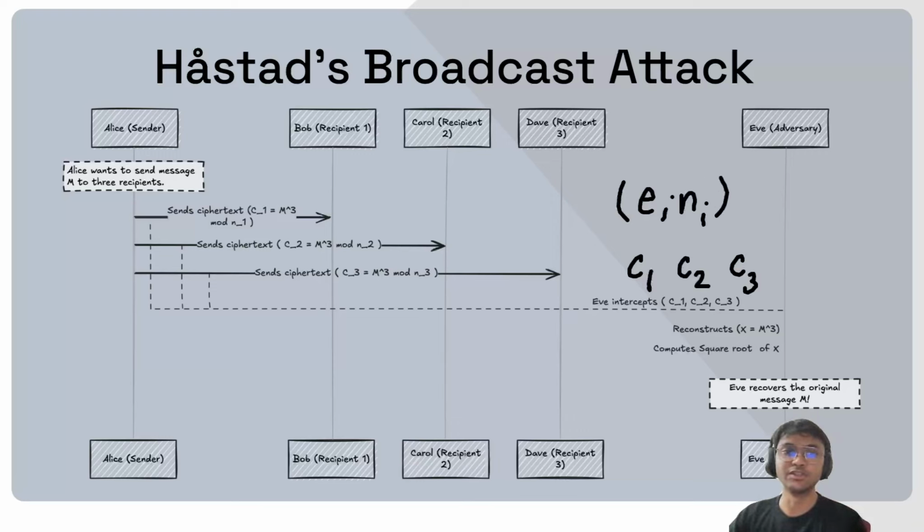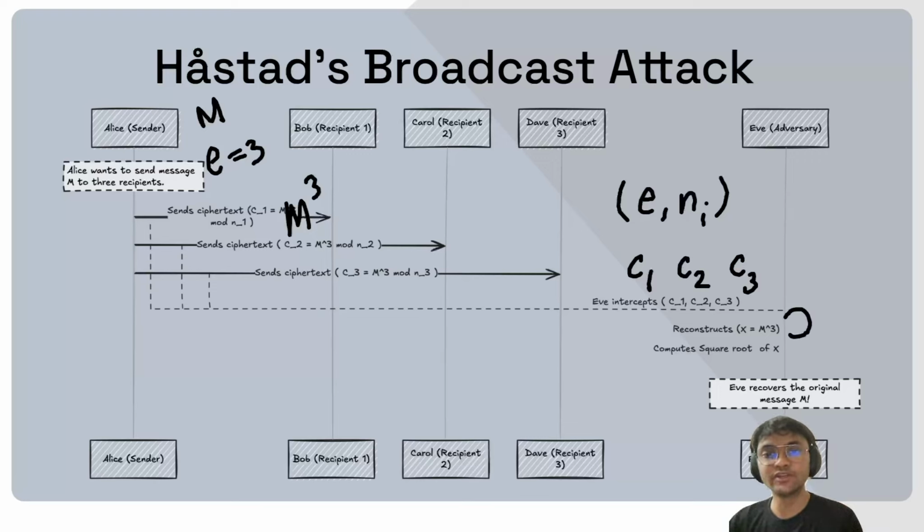What's not public knowledge is M cubed, because e was 3 and the chosen message was M. Håstad proved that Eve, the adversary, can reconstruct M raised to 3, and then to get the plaintext itself, they compute the cube root of this computed X.